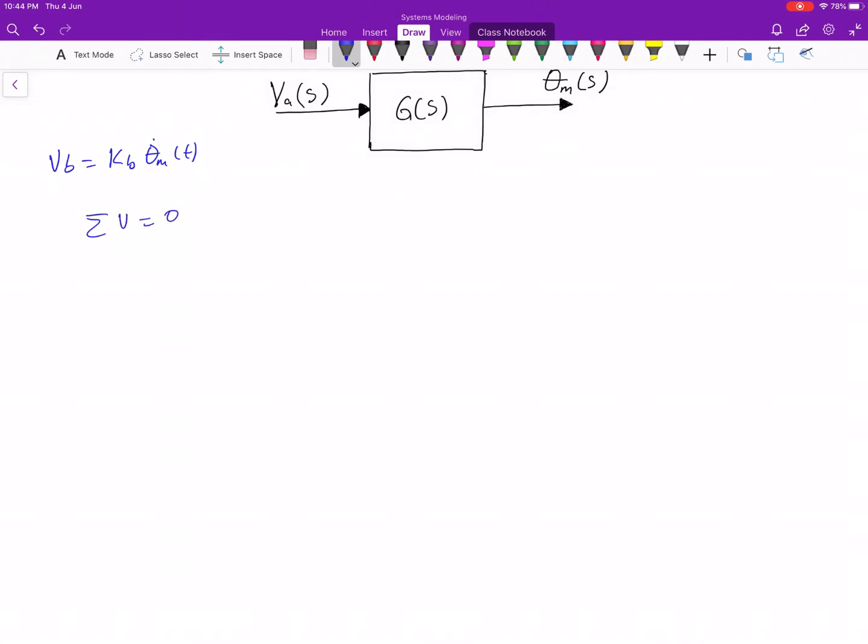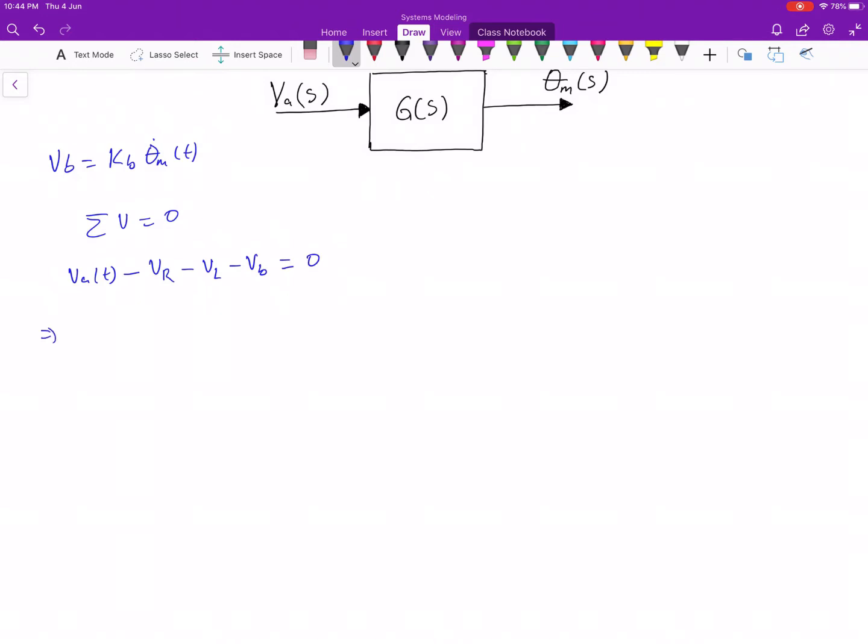And the sum of all the voltages that we have is the supply voltage minus the voltage drop across the resistor, let's call that VR, minus the voltage drop across the inductor, let's call that VL, minus the voltage produced by the back EMF, let's call that VB, should be 0.